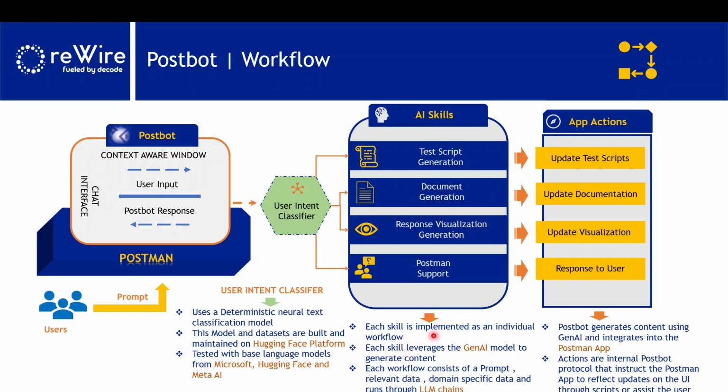They have implemented each skill as a workflow and integrated it with a GenAI model to generate the content. This GenAI might be from Hugging Face or Microsoft or Meta AI, or a combination of those. Each flow consists of a prompt, that is the input, and the relevant data.